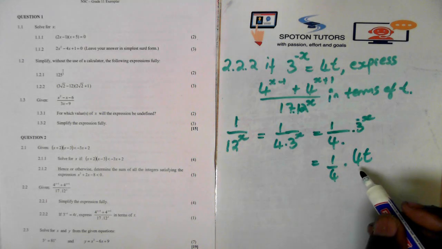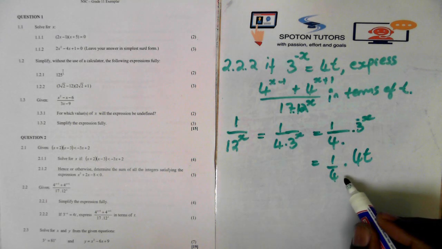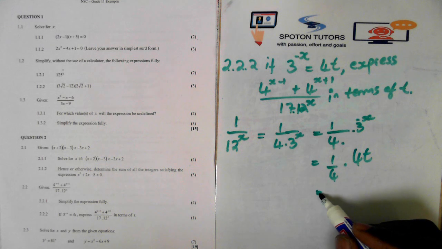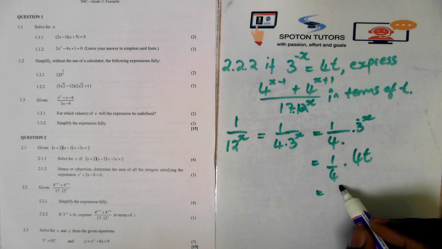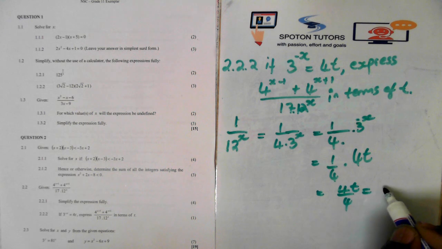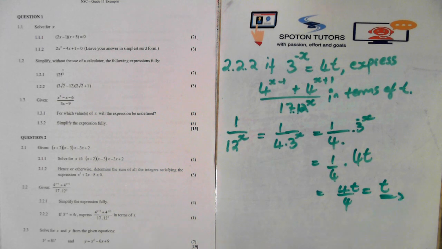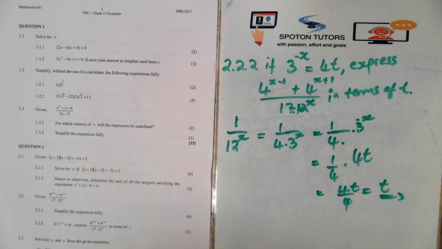So in actual terms, your answer here is equal to 4t over 4, which is equal to t. Okay, 2.2.2 is done. I'm going to wipe this out and then do the simultaneous of x and y.